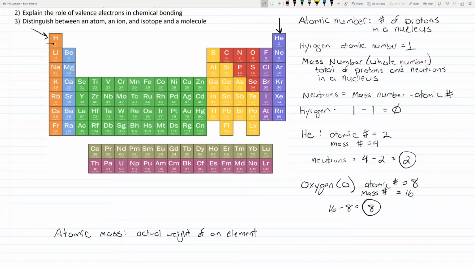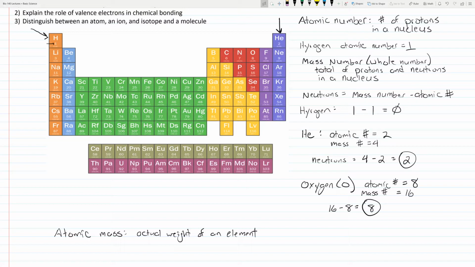Now the problem in nature is that not all atoms of an element have the same number of neutrons. For example, carbon. The most common form of carbon has 6 protons and 6 neutrons. 99% of all carbon is carbon-12: 6 protons, 6 neutrons, and a mass number of 12.